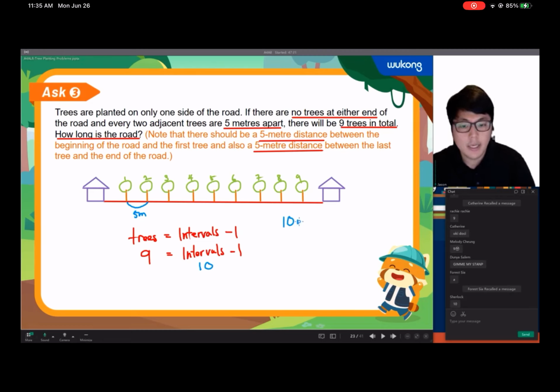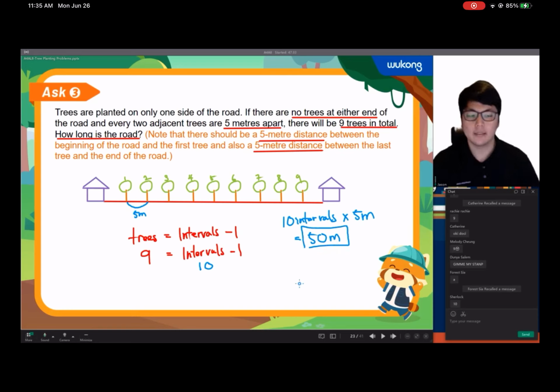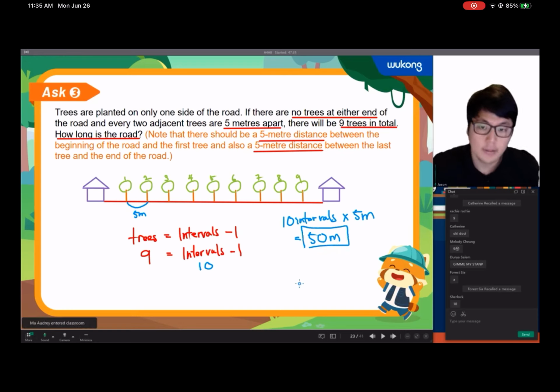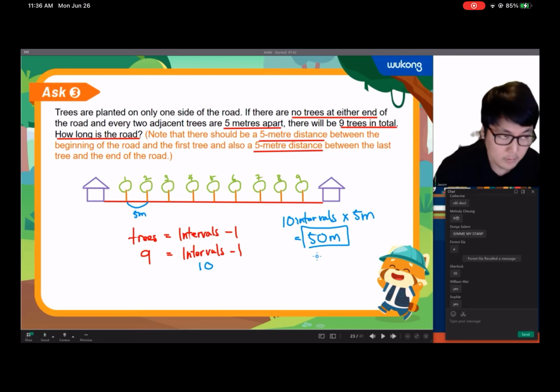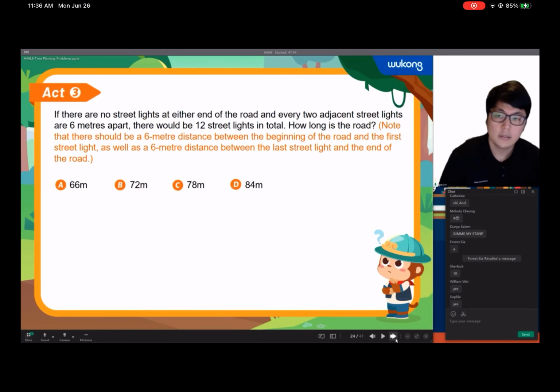And now we need to multiply that by the distance of the interval, which is 5 meters, which is going to be 50 meters of the road. So that's your answer. Understand how to do this question, guys? Okay, very nice. So, this is your turn to do this question.